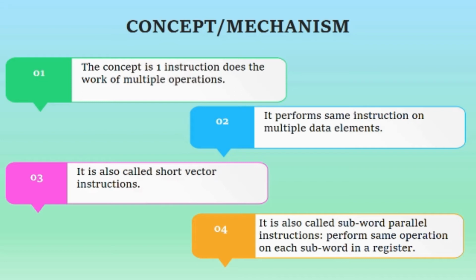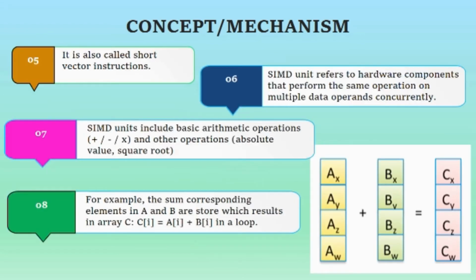It performs the same instruction on multiple data elements. It is also called short vector instructions. Other than that, it is also called subword parallel instructions that perform the same operation on each subword in a register. SIMD units refer to hardware components that perform the same operation on multiple data operands concurrently.